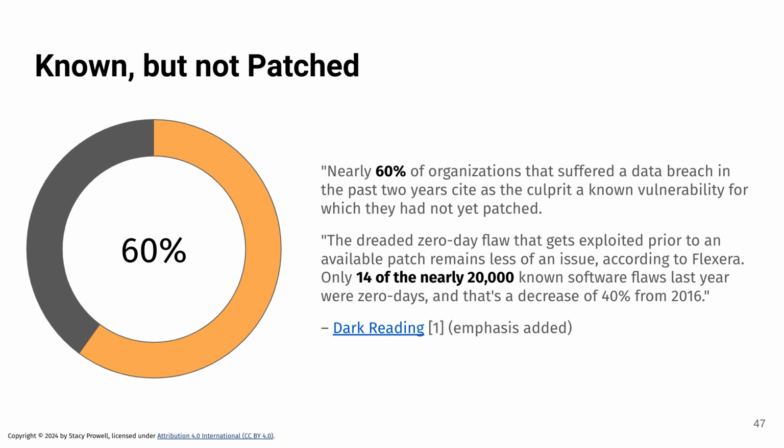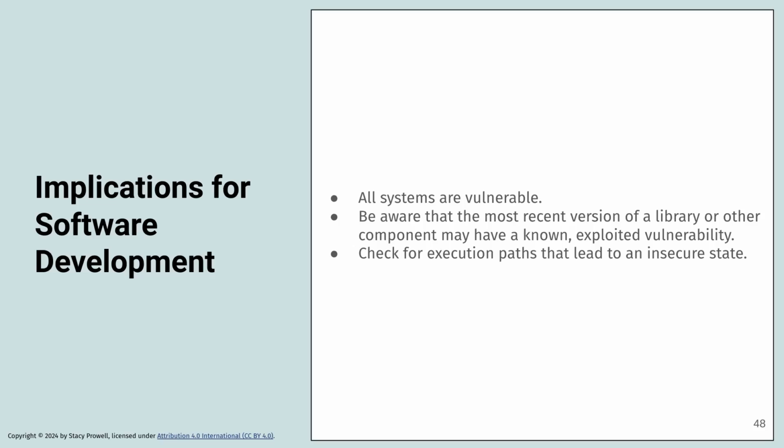All right. So what are the takeaways from this? We're going to develop software. What does this mean to us? Well, we already know the first thing here, right? All systems are vulnerable. Maybe they're vulnerable because we made a mistake. Maybe they're vulnerable because there is a miscommunication between two systems, or there is some standard that we assume is going to hold, but no one's really enforcing it.